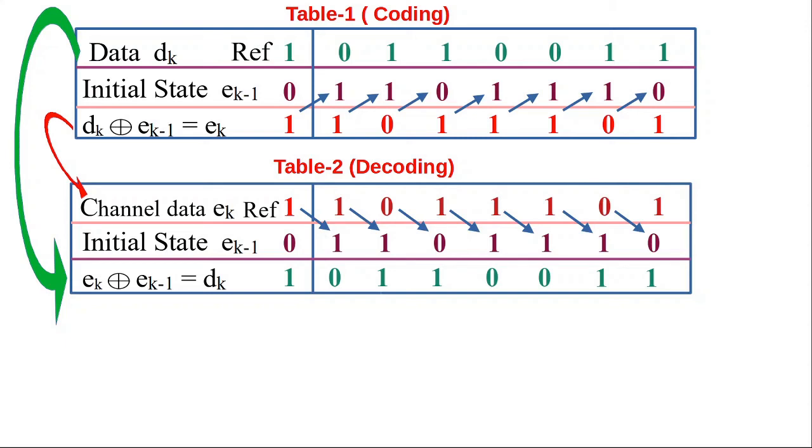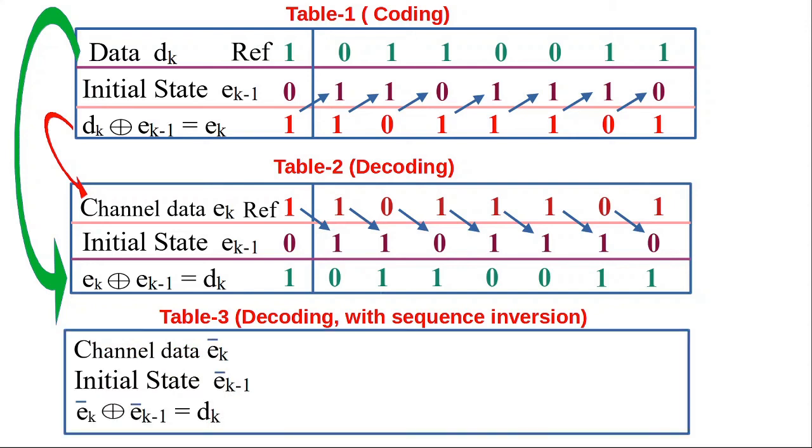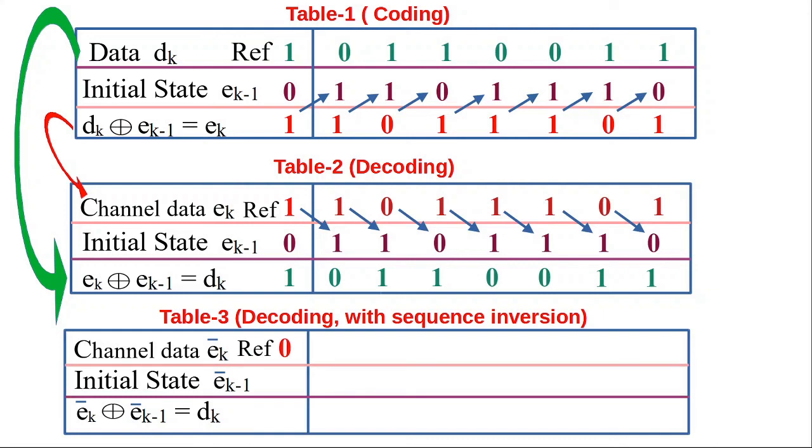Now consider the table 3, when the bit inversion takes place during transmission. Then what happens? It is clear from table 3. The reference bit here ek in comparison to table 2 will be ek bar. So reference bit 1 will be inverted, that will be 0, and initial state again it will be inverted.